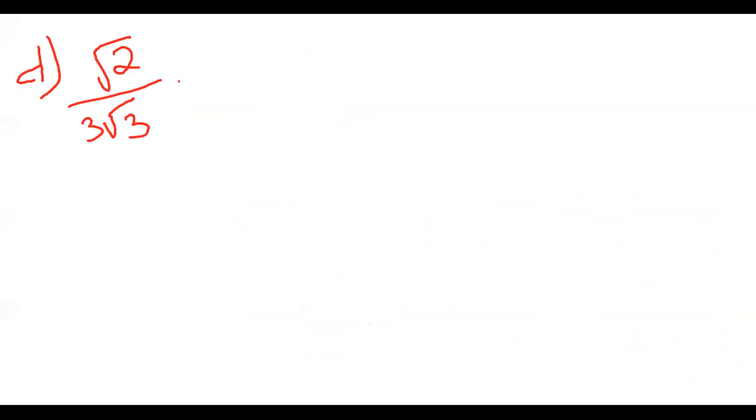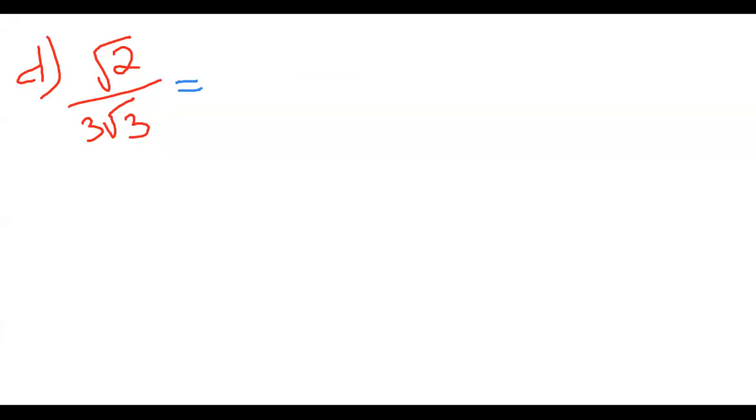It's the same way. Everything that we've done in part C is the same thing that we do in part D. So here, since we don't have anything like addition or subtraction in the denominator, you simply multiply whatever is the denominator by itself and also in the numerator, so that you don't change anything.